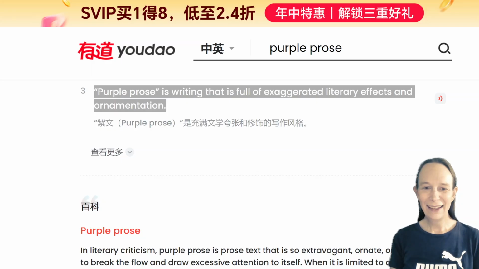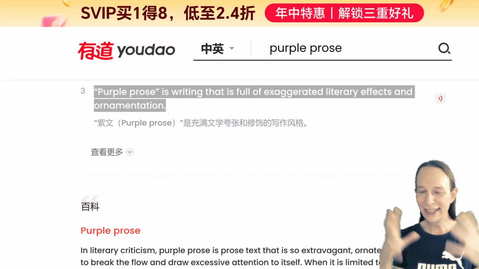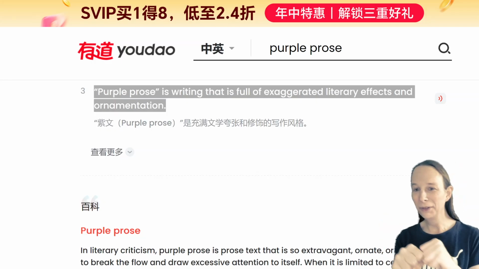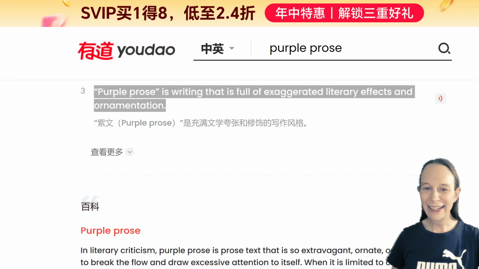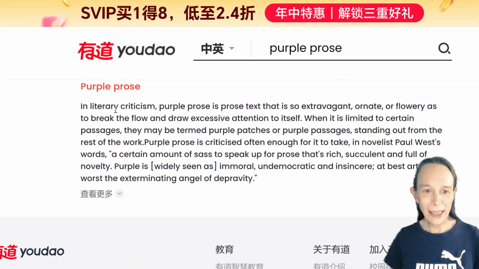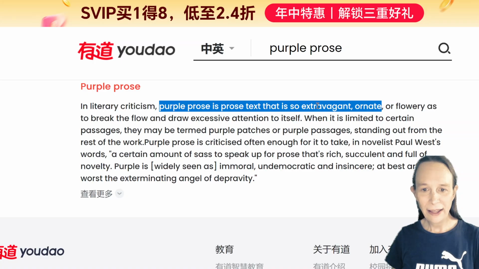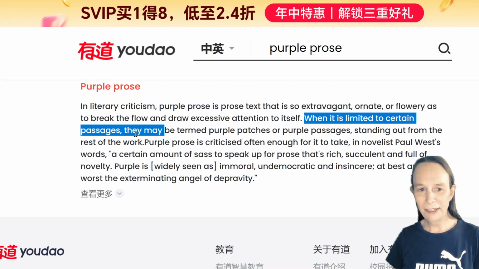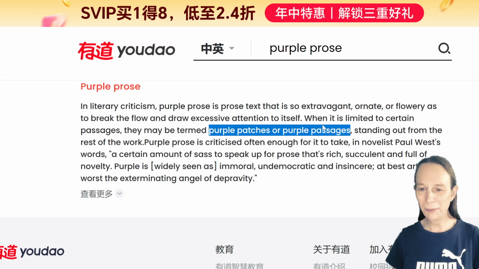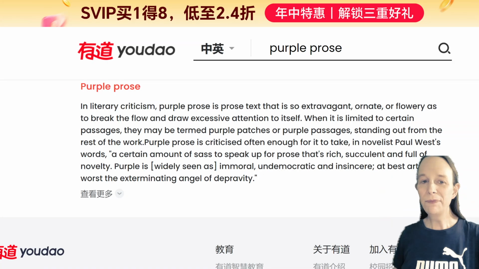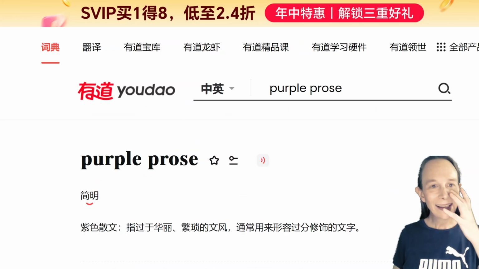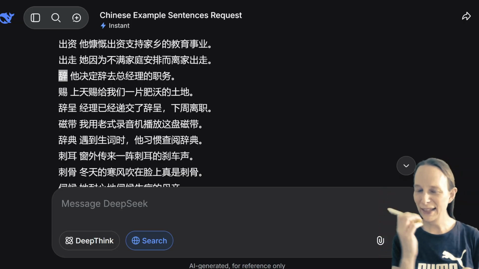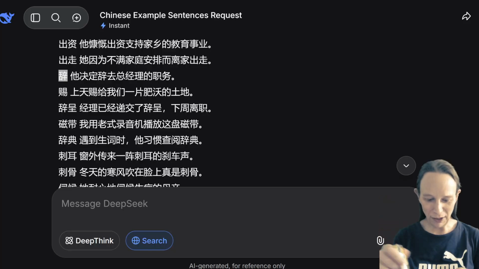It makes it very hard to understand, as if the author is deliberately putting prose-related obstacles in the way of understanding, trying to make it as hard as possible. In literary criticism, purple prose is prose text so extravagant, ornate, or flowery as to break the flow and draw excessive attention to itself. When it is limited to certain passages, they may be termed purple patches or purple passages. Anyway, you get the idea. It's excessively flowery to the point where it causes problems. All right, 词藻 and 修辞. 修辞 is more just like rhetoric, maybe more like what politicians say.